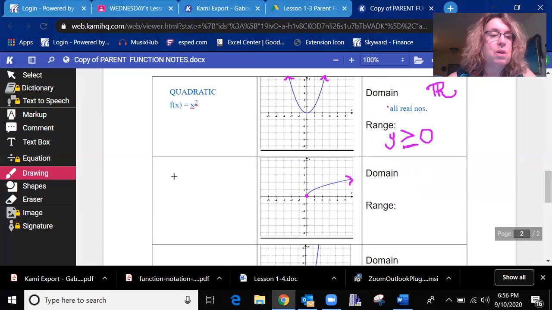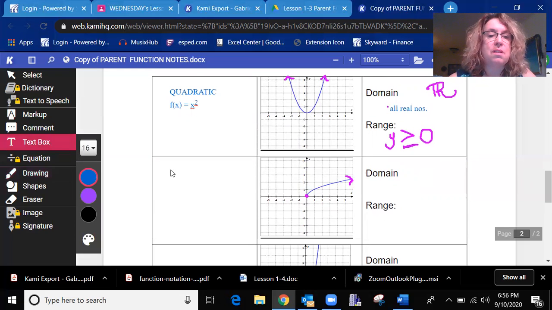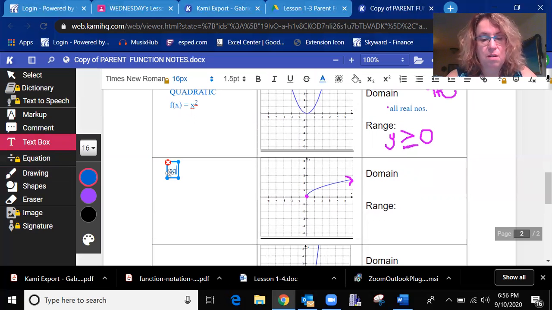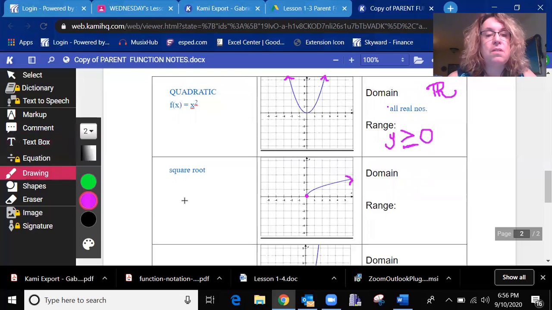Now, this particular one is called the square root function. And this one, I can either say y equals or f of x equals.